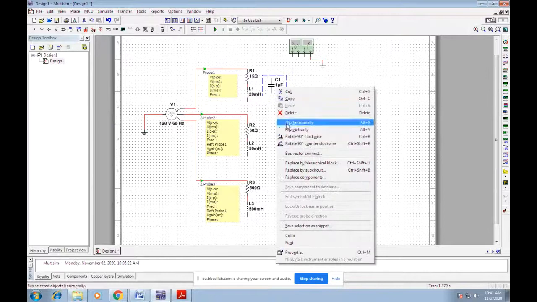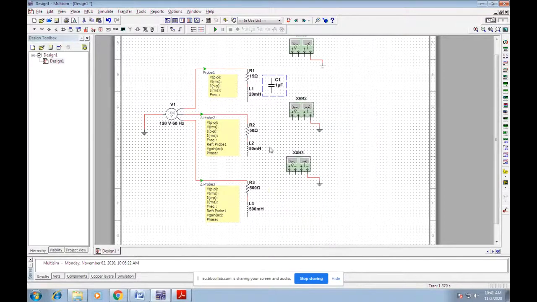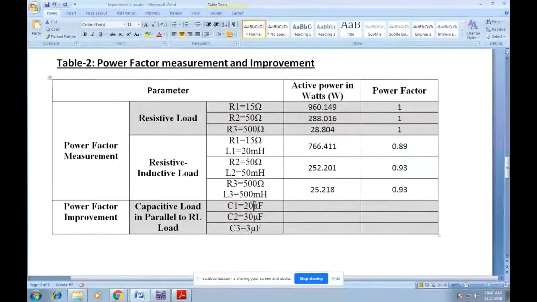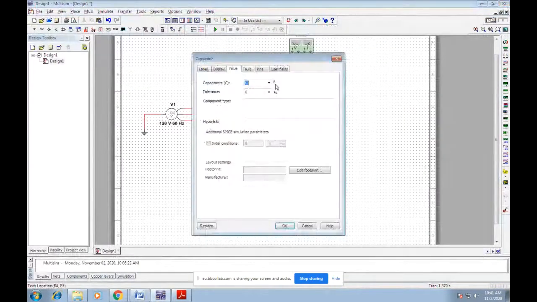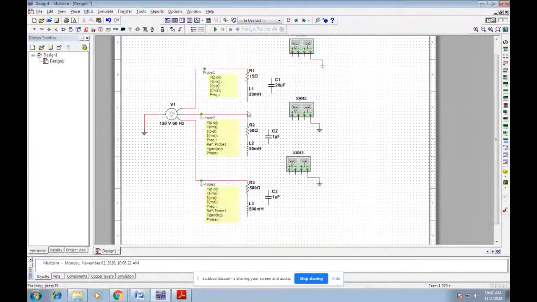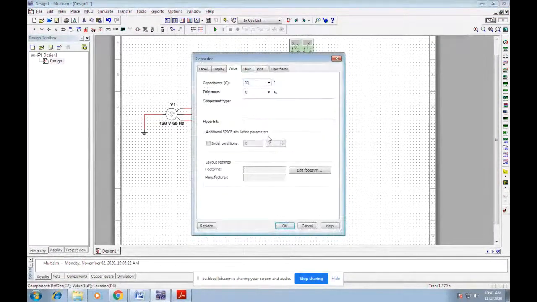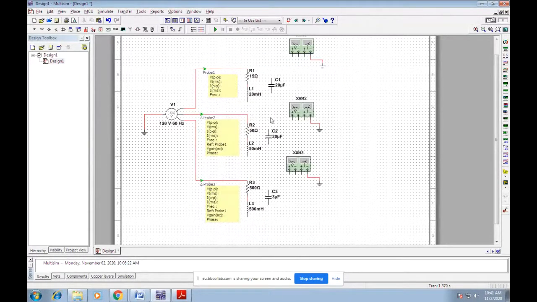Then right click, you can make a copy and paste, and again paste. What is the value of C1? It is given in the table: 20 micro, 30 micro, and 3 micro. So let us use this. The first one is 20 micro, the second one is 30 micro, the third one is 3 micro. Now connect this in parallel to the RL network. We are connecting the capacitor in parallel to the RL series circuit.